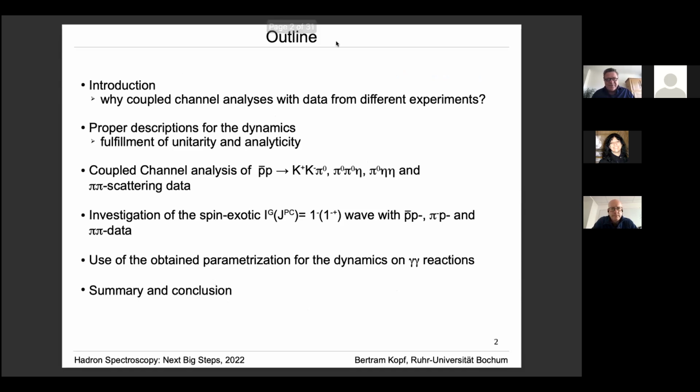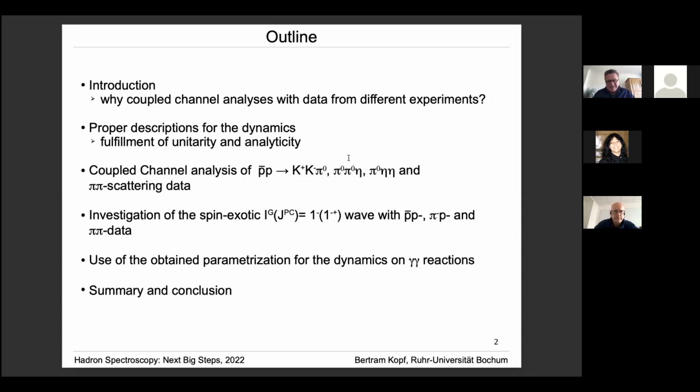Okay, first of all, a short introduction. I will start with a short introduction and would like to motivate why coupled channel analysis with data from different experiments is so helpful. In this context, the description of the dynamics is also very important. Then I will come to the coupled channel analysis of antiproton-proton data of these three channels, together with pi-pi scattering data.